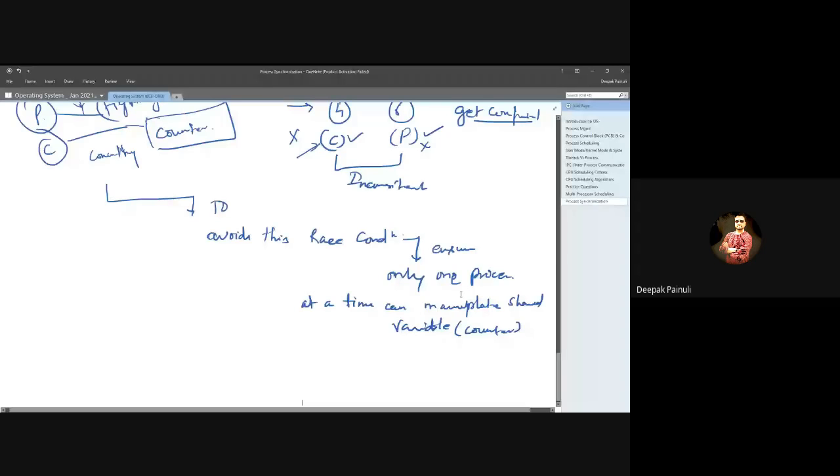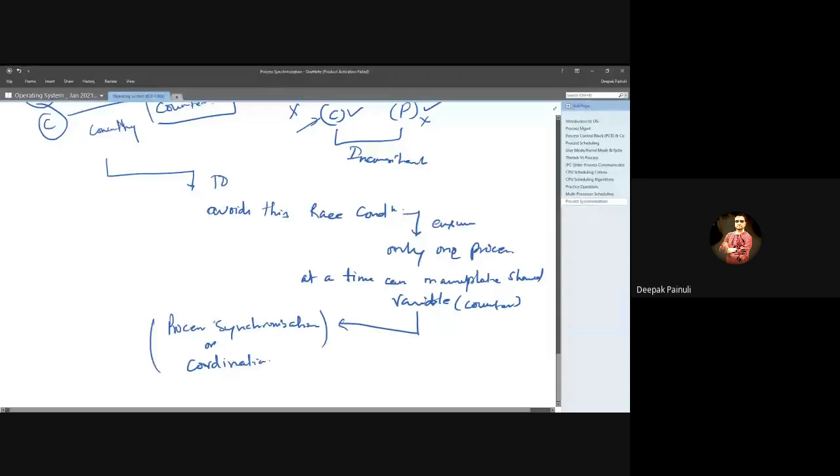So for ensuring this, we need process synchronization, or sometimes called coordination.